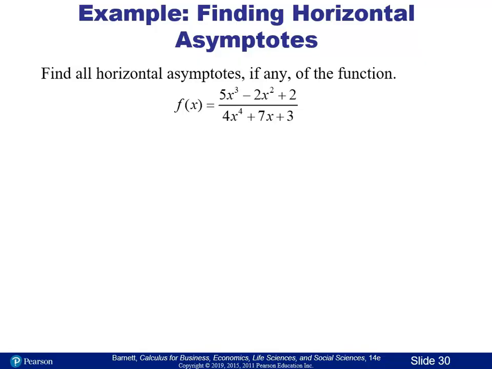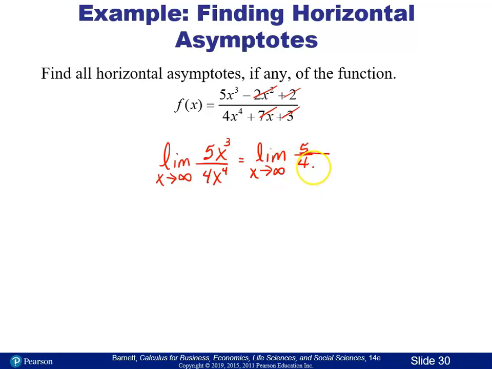If we look at this one here, same idea. These are really not your dominant terms. So if I look at the limit of this function as it goes to infinity, we're going to be looking at 5x to the third over 4x to the fourth. And I would say go ahead and just simplify this as much as you can. So that would be 5 over 4x.